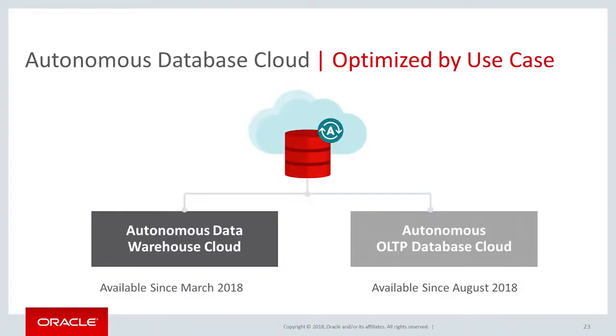With the introduction of the Oracle Autonomous Transaction Processing Database Cloud, or ATP as it's commonly referred to, we introduced that in August this year. And very similar to the Data Warehouse Cloud, customers simply need to establish an environment, establish an ATP database, connect their applications to it, and that's it.